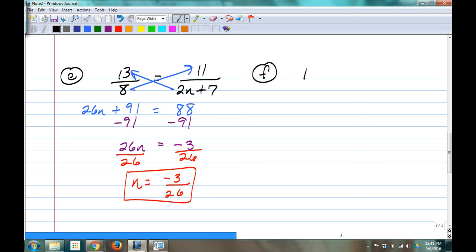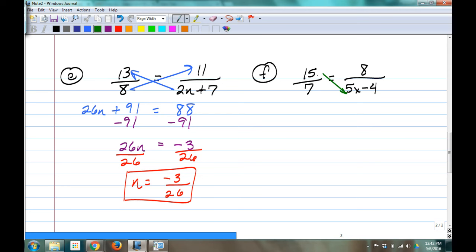Say we had 15 over 7 equals 8 over 5x minus 4. Is that a proportion? Still a proportion.